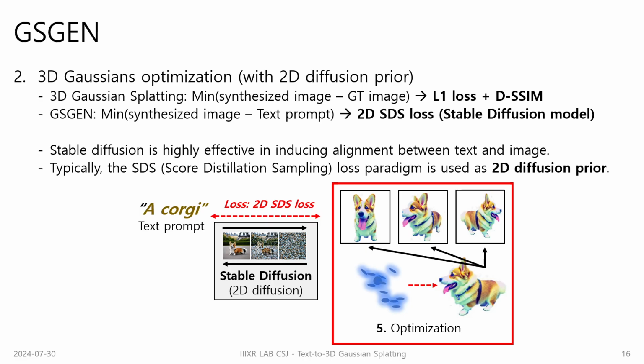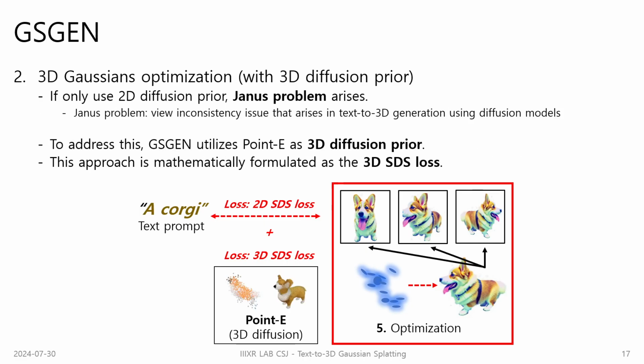Typically, the score distillation sampling (SDS loss) is used as a diffusion prior. However, when using stable diffusion, which takes 2D images as input, a Janus problem arises. This issue occurs because during the process of aligning multi-view images with the text, the images rendered from different views overfit to the text individually.